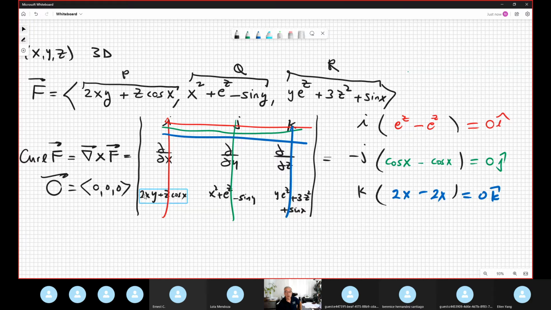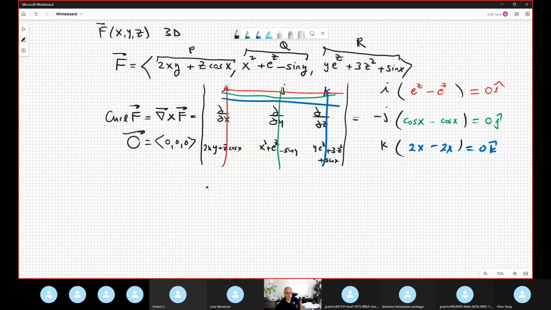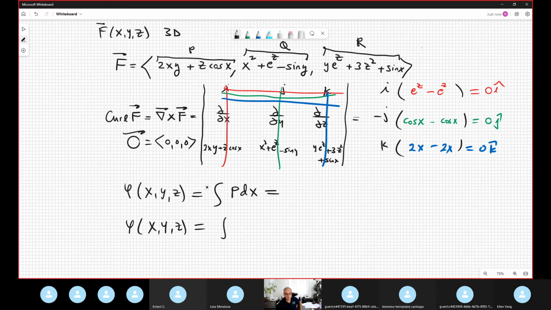Okay, cool. Now the easy part. Compute the potential function. The potential function is the anti-gradient in 3 dimensions. x, y, z, alphabetic order. You compute the antiderivative of P with respect to x. You compute the antiderivative of Q with respect to y.